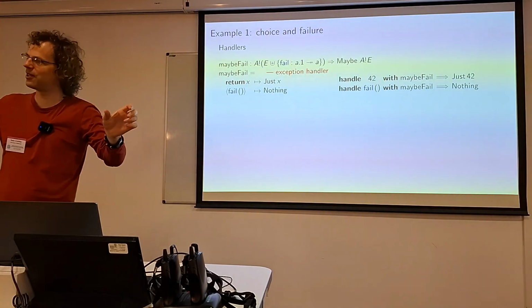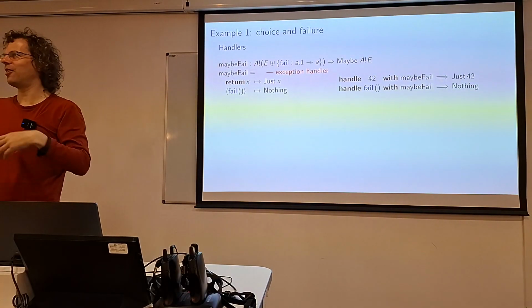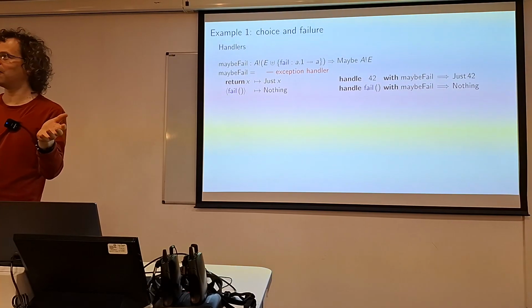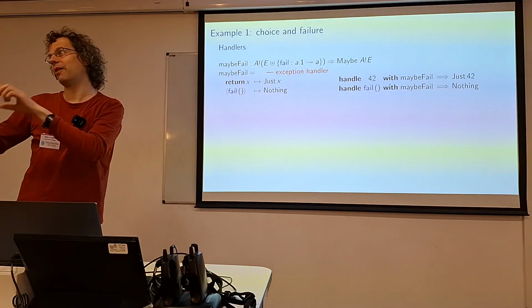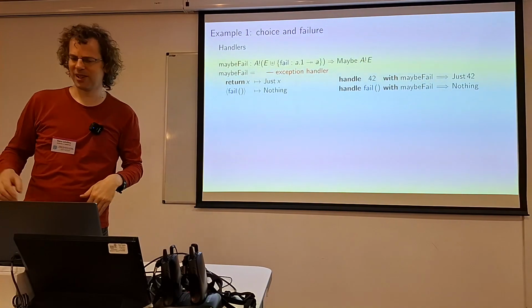And then you plug all these little interpreters of effects together, and ultimately you might get a pure program at the end, or you might get one that performs some side effects that are handled by the outside world.